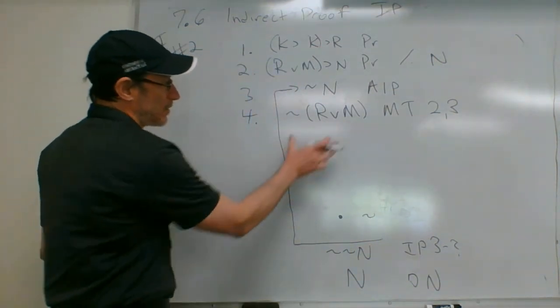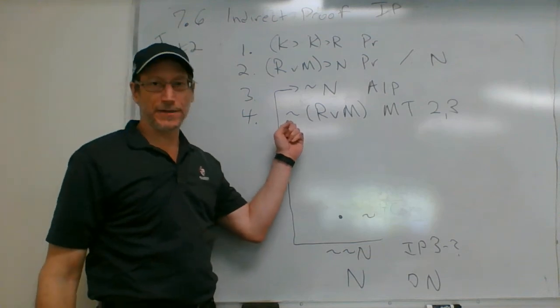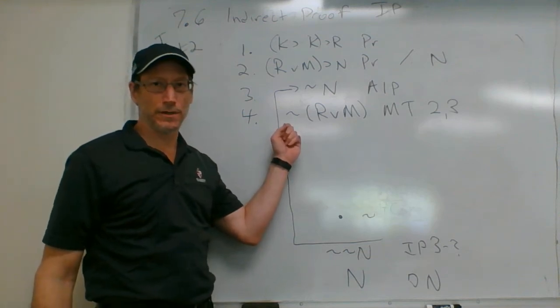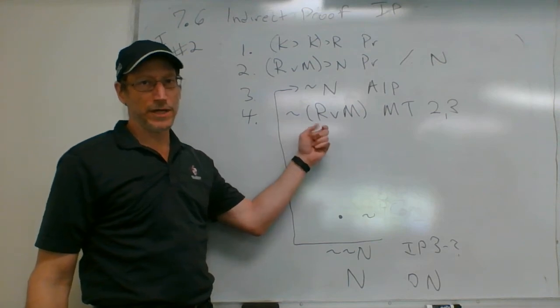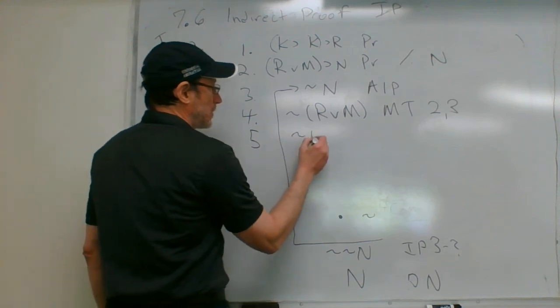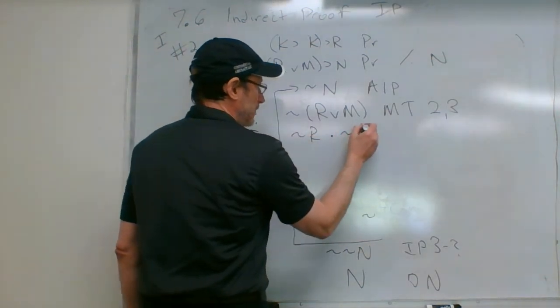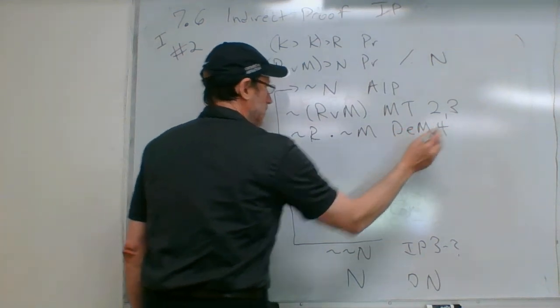And now with not R wedge M, this is a very powerful statement because I can break this down using the rule of De Morgan. Remember, the rule of De Morgan says that not R wedge M is going to be equivalent to not R and not M. That's De Morgan on 4.